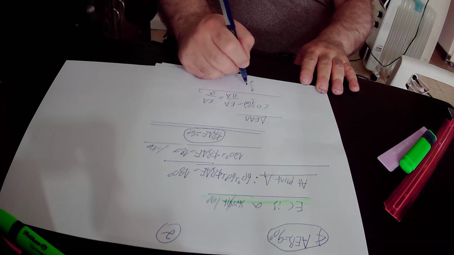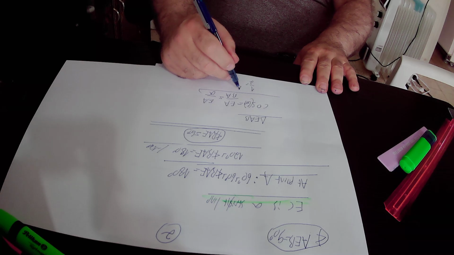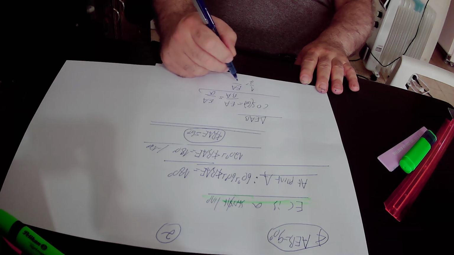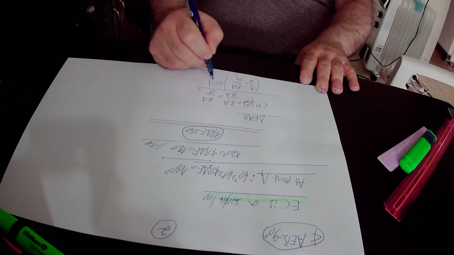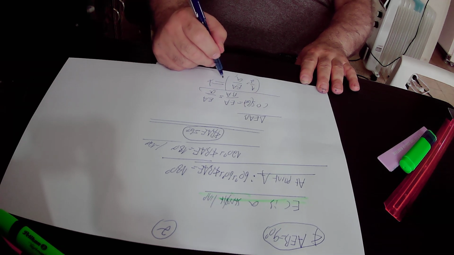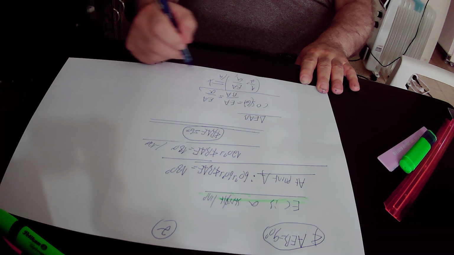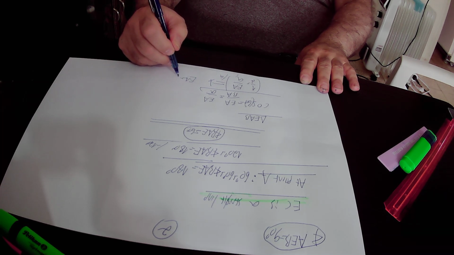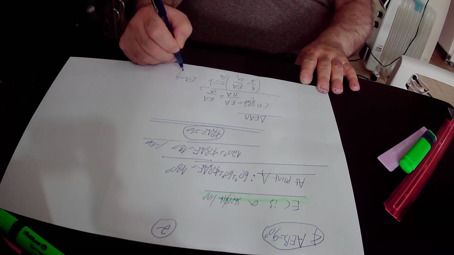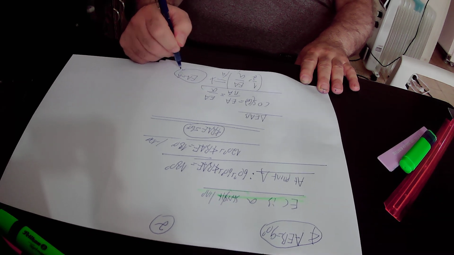So 1/2 equals EA over A. Here we will multiply this equation by A, and we'll get that EA equals A over 2.